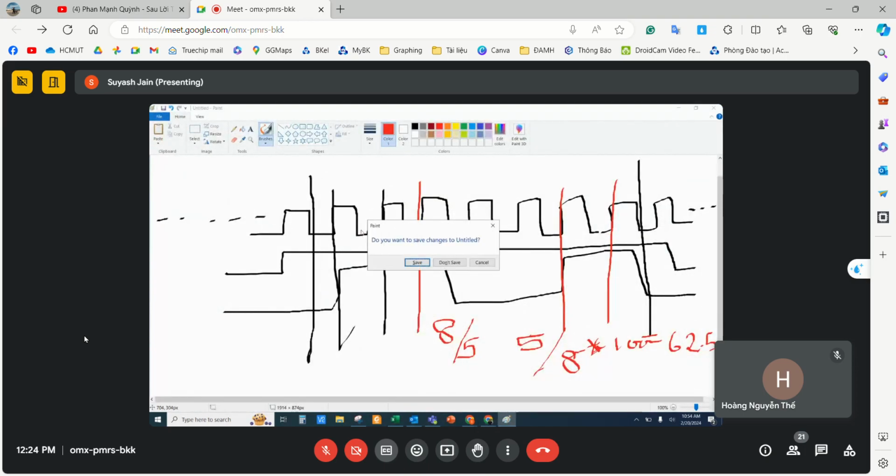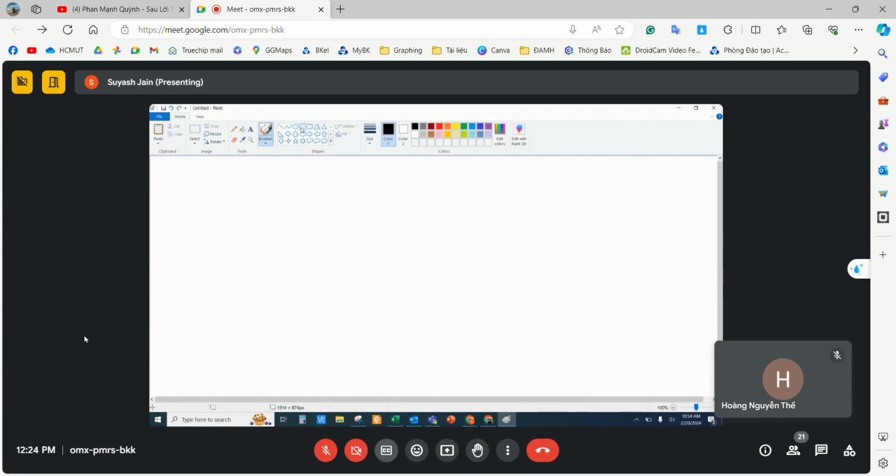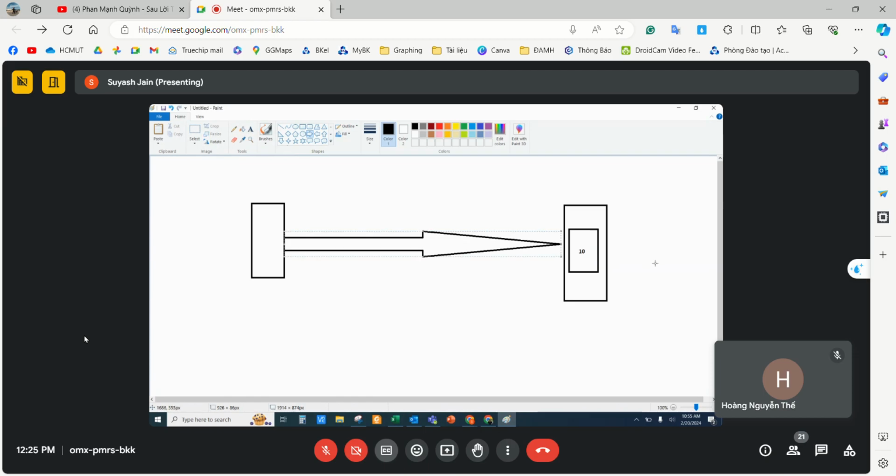So let me explain in a much better way. Suppose this is a master, this is a slave. We know that inside the slave there might be many FIFOs that are used to temporarily store the data. Suppose the depth of the FIFO is 10, and a ready valid interface is connected, and the master is sending transactions over here.